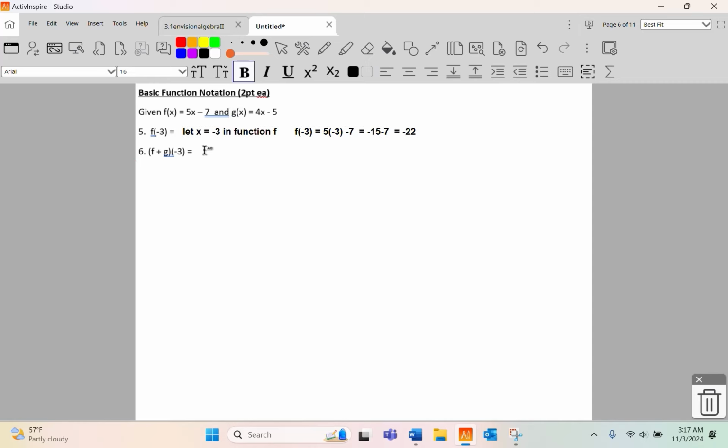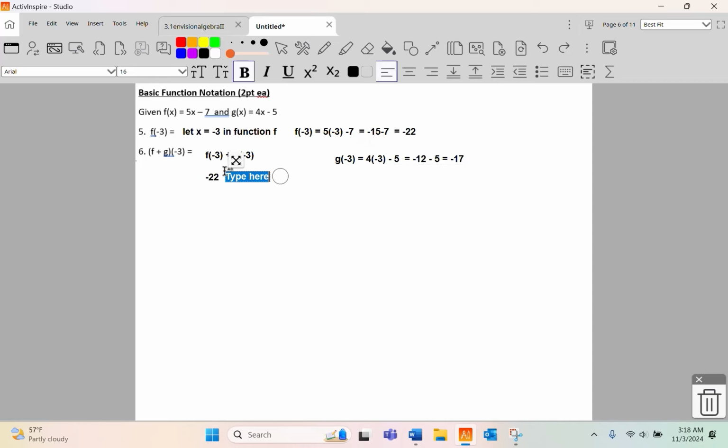So f plus g of negative 3 is literally f of negative 3 plus g of negative 3. Now, you already have f of negative 3. It's going to be negative 22. But you got to find g of negative 3. And how do you find g of negative 3? Well, you let x be negative 3 over here. 4 times negative 3 is negative 12 minus 5, which is negative 17.